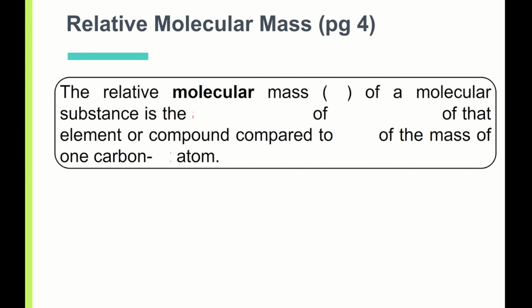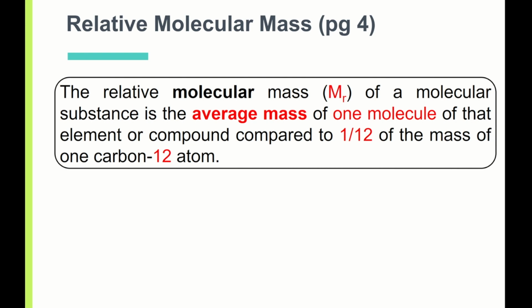The definition of relative molecular mass is similar to relative atomic mass. The symbol instead of Ar is now Mr, and it is the average mass of one molecule. We always compare to the same standard, so in this case we are also comparing to 1/12 of the mass of one carbon-12 atom.